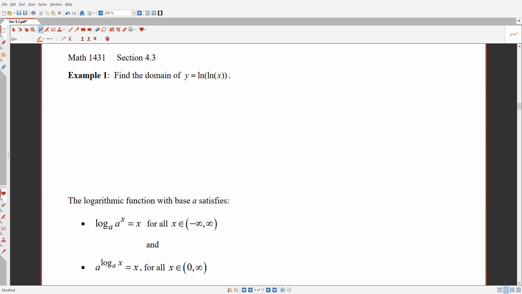But like example 1, for example, just has a quick question about what it means to form this weird function, the natural log of the natural log of x. All right, and so let's make this a Popper question that maybe we can answer. So Popper question 1, what is the domain of this function?